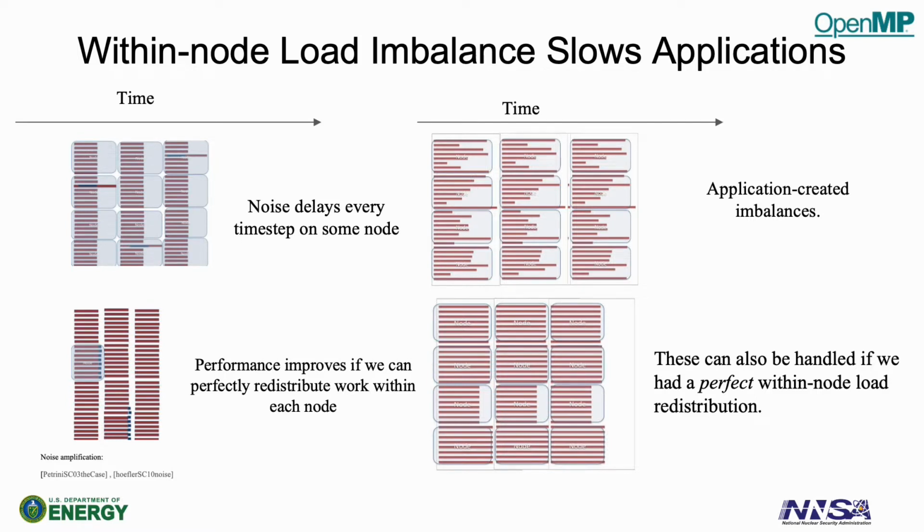Now, the way to fix this is to redistribute work within each node. Within each node, if we could find a perfect distribution, you see now that this load imbalance, this delay, is basically reduced.